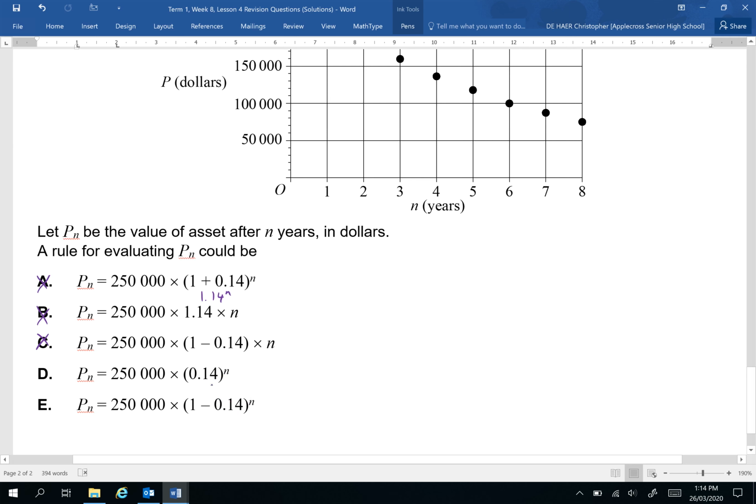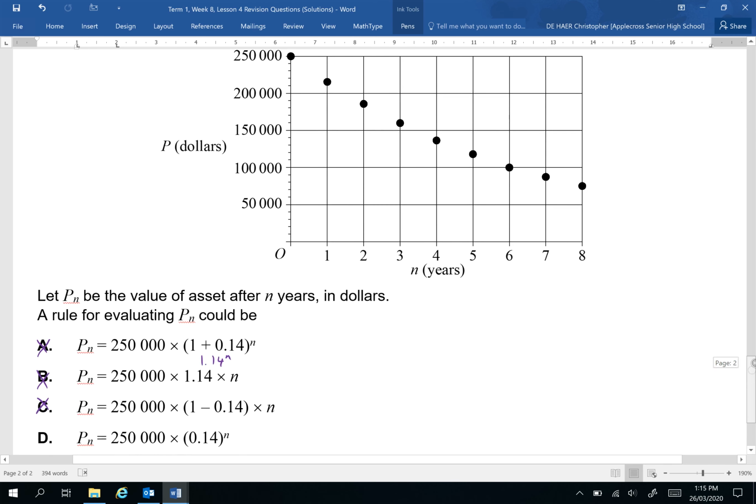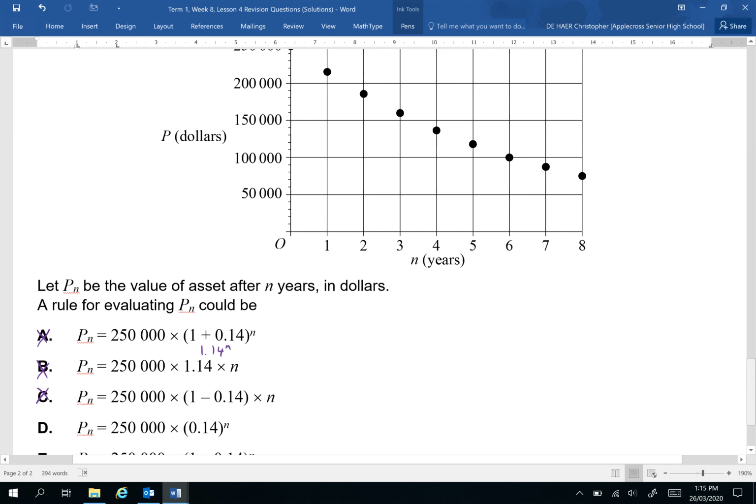However, part D would say that it's losing 86% of its value each time, whereas in part E it's only losing 14% of its value each time. This graph wouldn't be a situation where we're losing 86% of its value, because the value of the asset after 1 year would be down here approximately. So it has to be E.